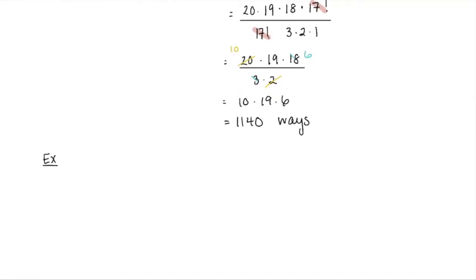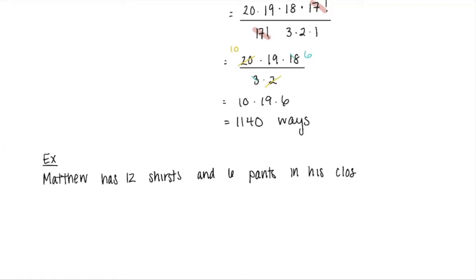Matthew has 12 shirts and 6 pants in his closet. He must select 4 shirts and 3 pants to bring on vacation.